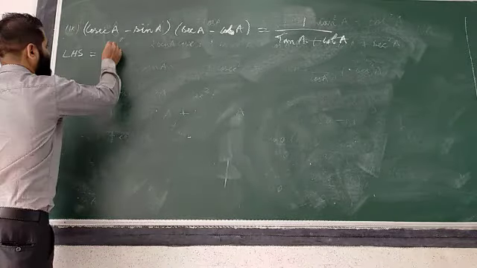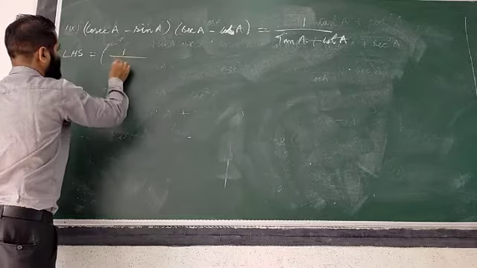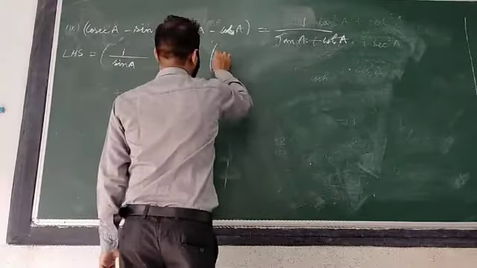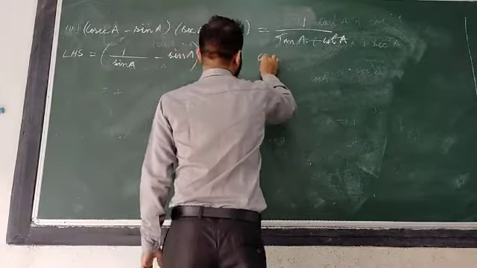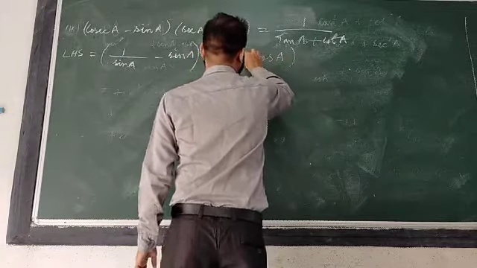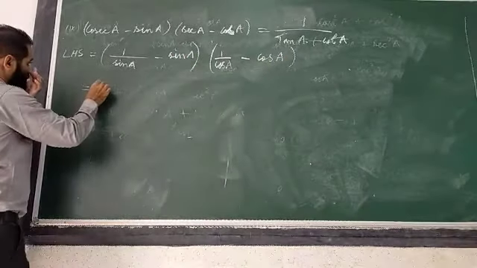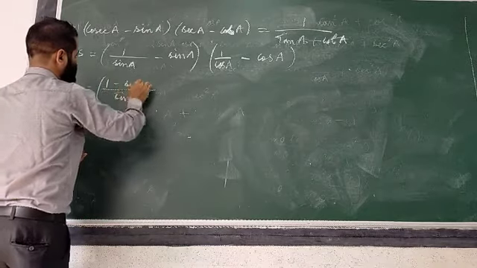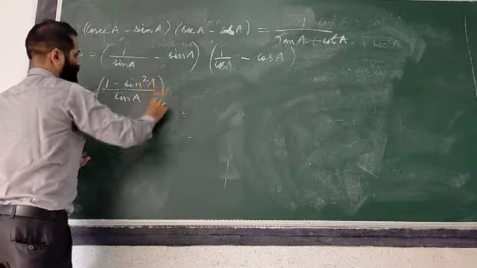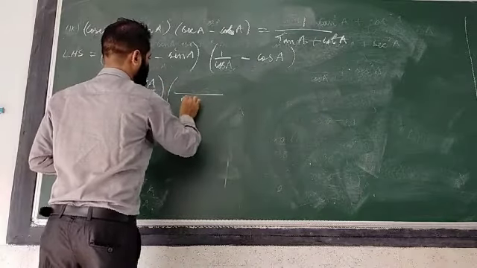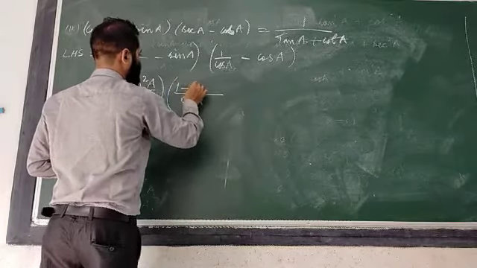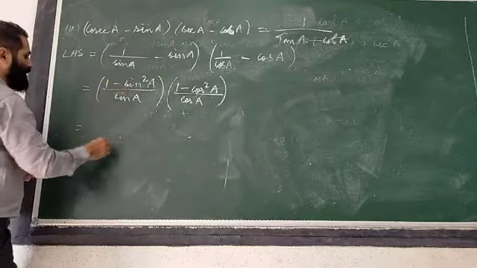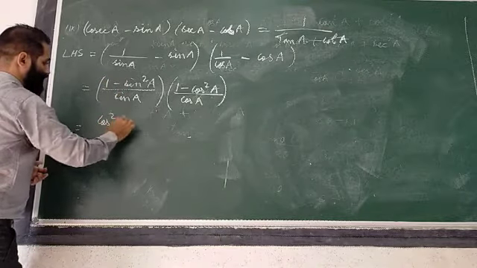Okay. 1 by sin A, write quickly. 1 by cos minus cos A. Now we can take LCM. We will have sin A, and this is 1 minus sin square A, and this will be cos A. Cos square A. Now 1 minus sin square theta is cos square theta, and this is sin.